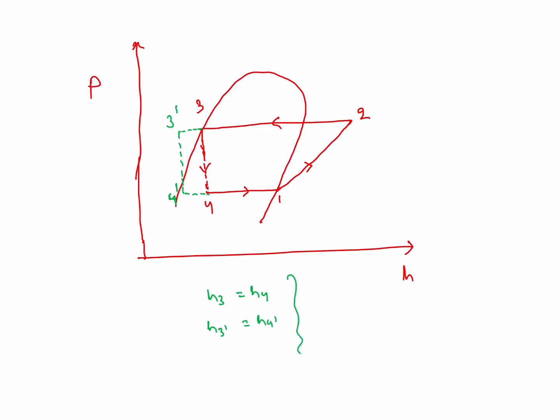And from this graph also you can clearly see H3 is greater than H3 dash, so enthalpy decreases. In subcooling, this area, instead of 3 you will go up to the liquid region. This one is the liquid region, this one is the vapor region.